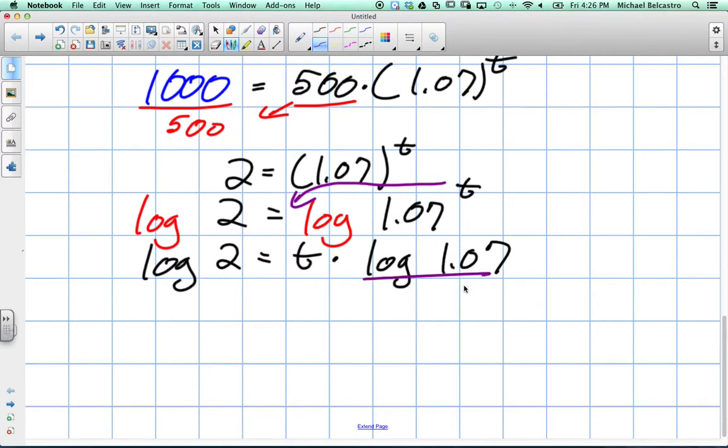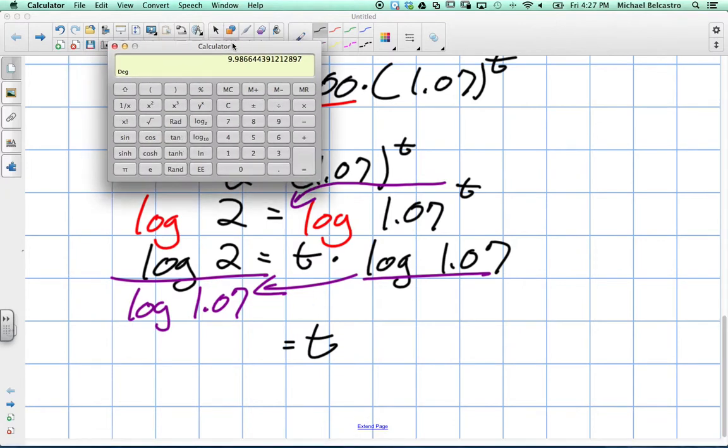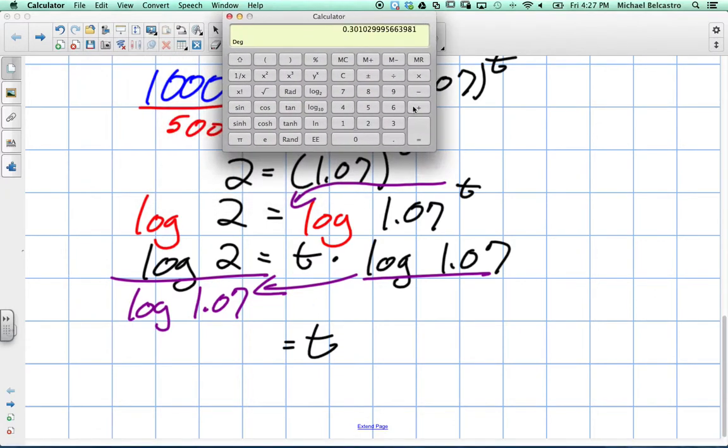And then we need to move log of 1.07 to the other side, and that will give us our t value, so how much time it'll eventually take. Same idea, we take our logs, so log 2 base 10 divided by log 1.07 base 10 is equal to 10.24.